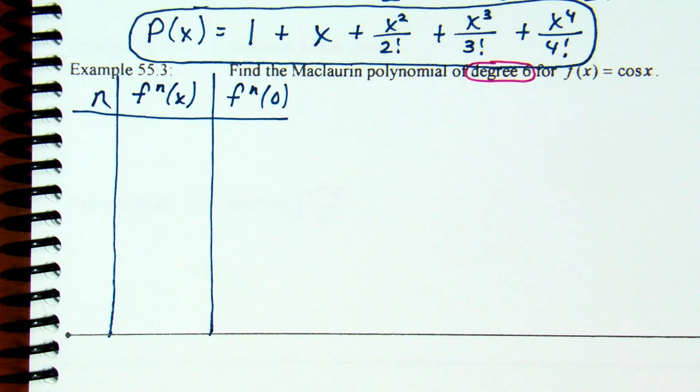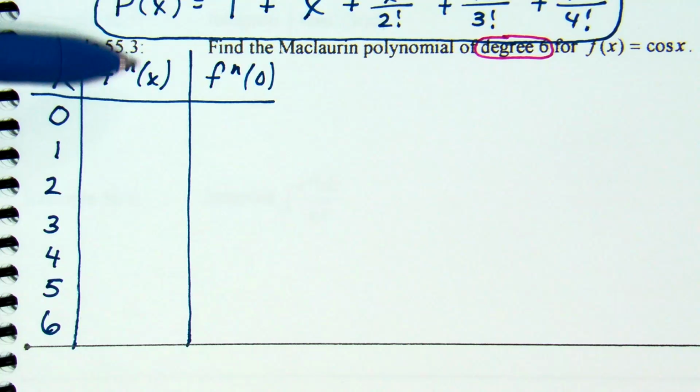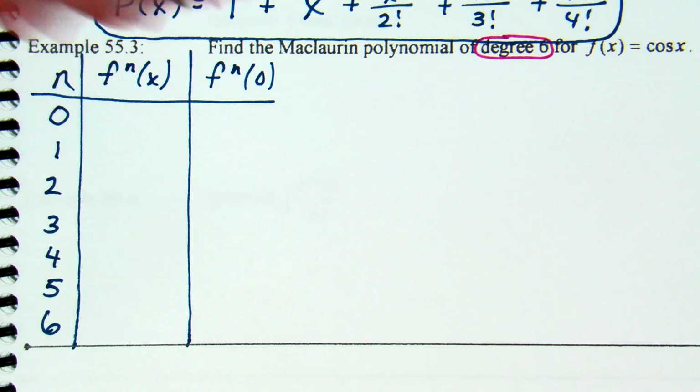So 0, 1, 2, 3, 4, 5, 6. Okay. f^n of x. We don't talk about it being the 0 derivative, but it's the original function. And the original function was cosine x, yes?